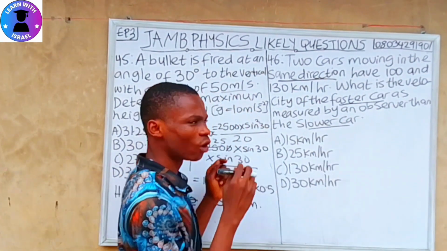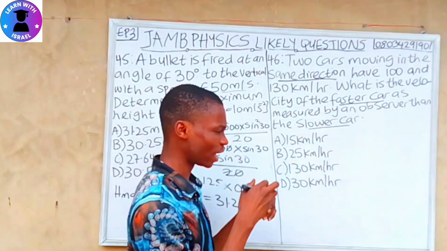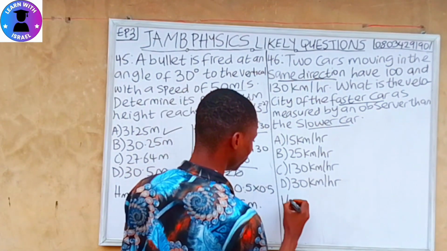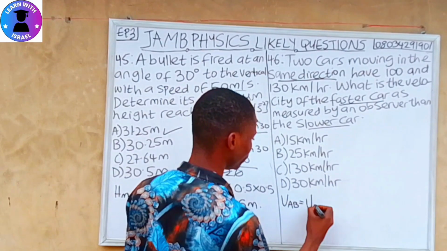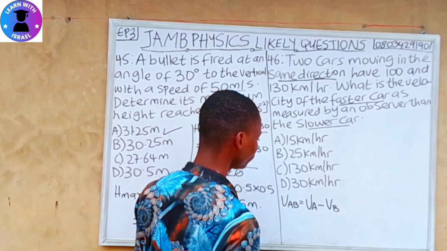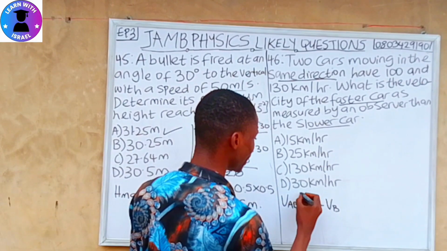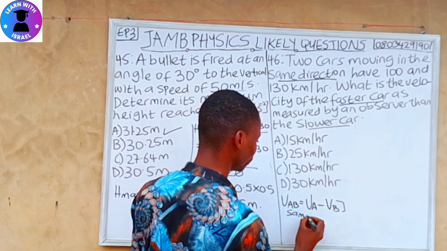So when solving for same direction, it is written as velocity AB, which equals VA minus VB for same direction.